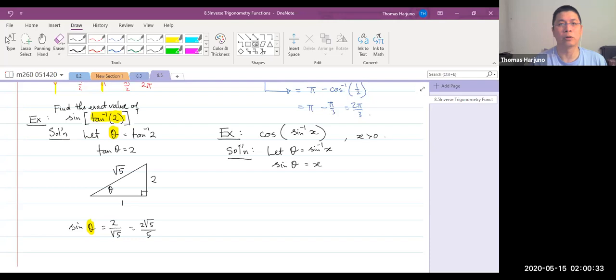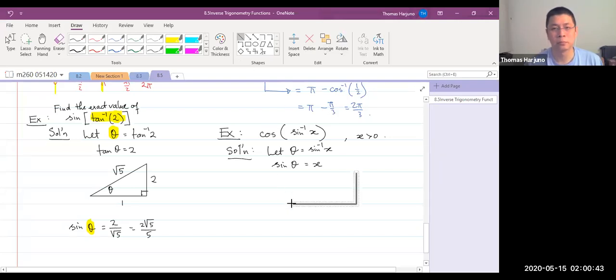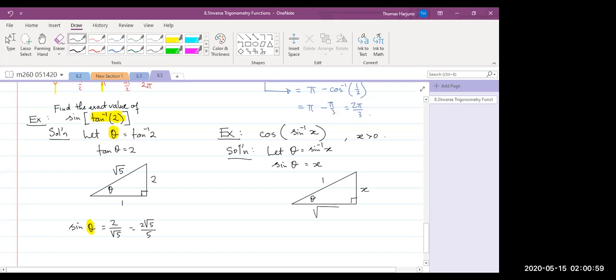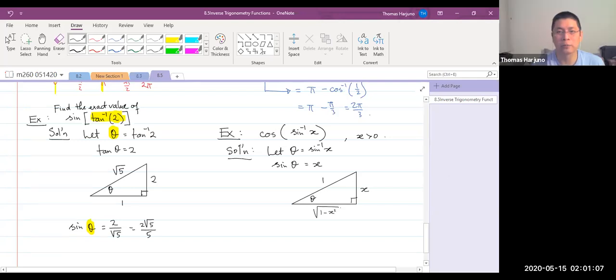Now then I draw the right triangle. If this is the right angle and this is theta, sine theta equals x, so it's x over 1 here. Then this should be what? Square root of 1 minus x squared.